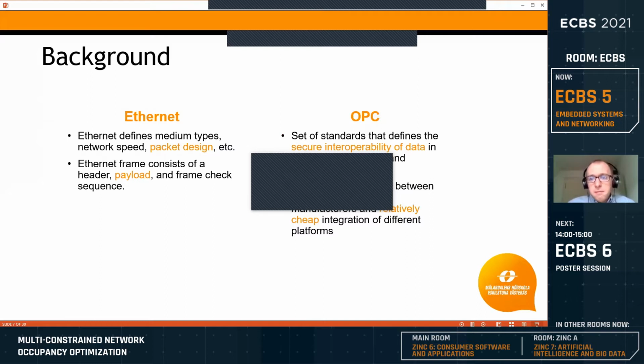Ethernet is a network protocol or standard that is deployed and used. Among other things, it defines network speed, packet design, etc. And above that, we have Open Platform Communications, a set of standards that defines secure and reliable interoperability of data in industrial networks and automation.